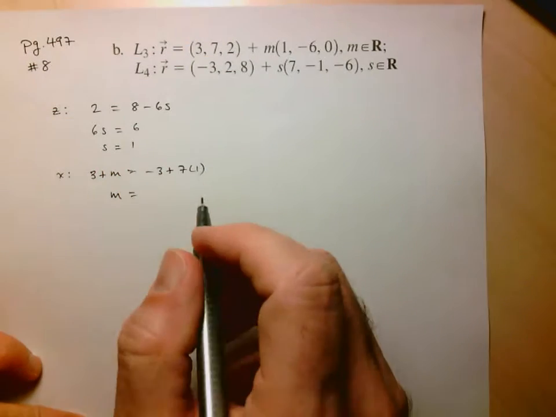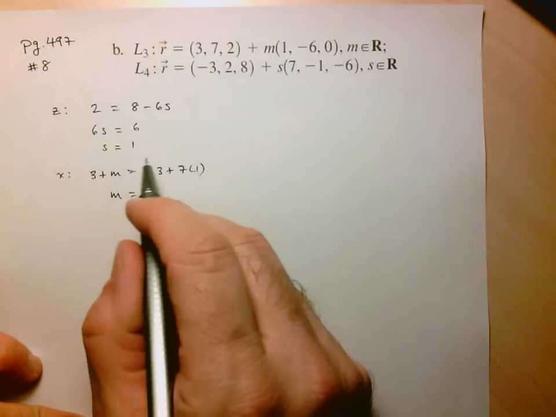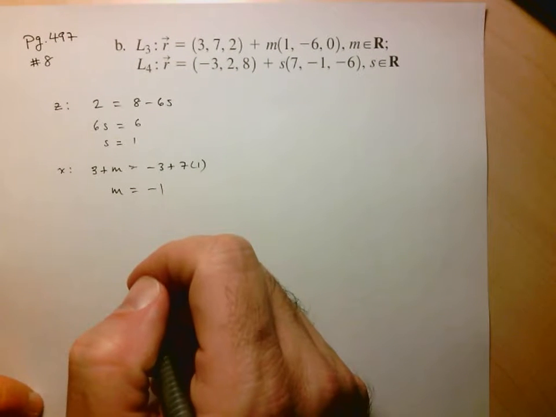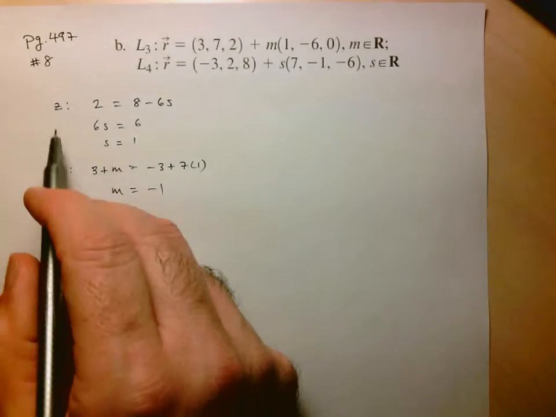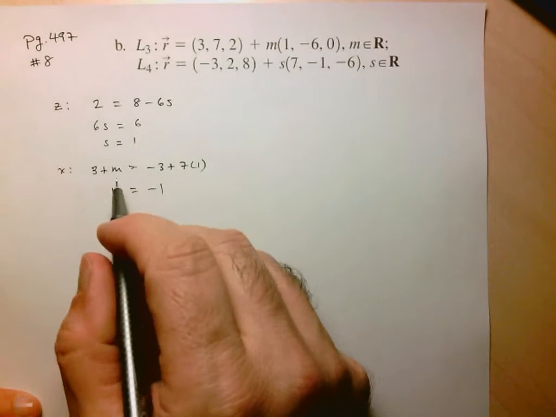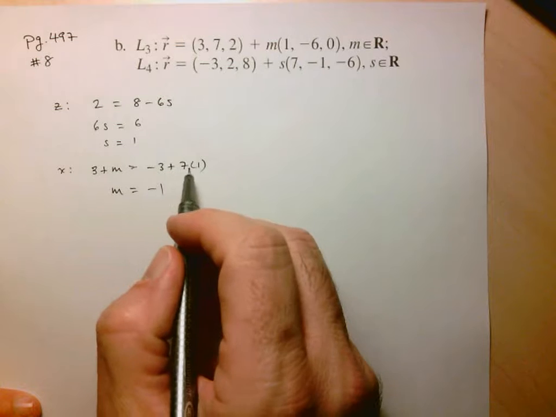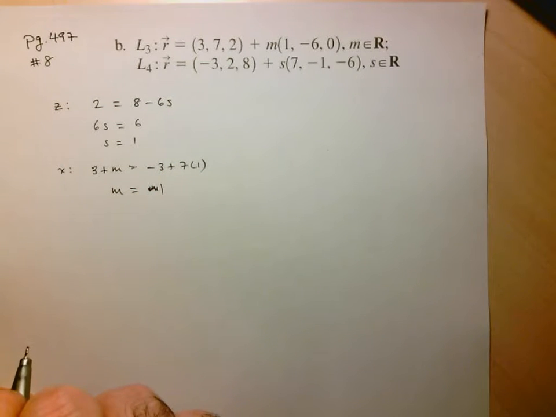So m is equal to negative 3 plus 7, which is 4, minus 3, bringing that to the other side, so m is also equal to 1. Sorry about that. So they're both positive 1.